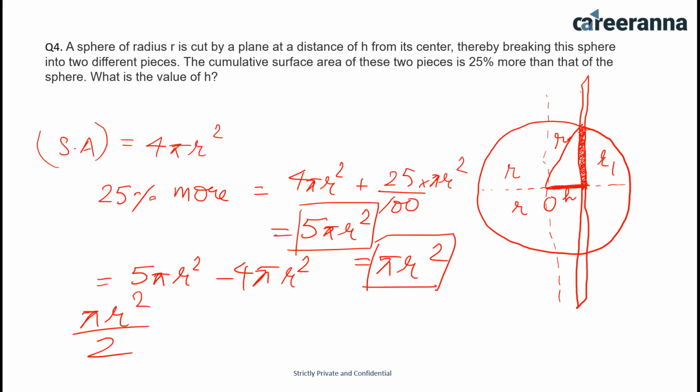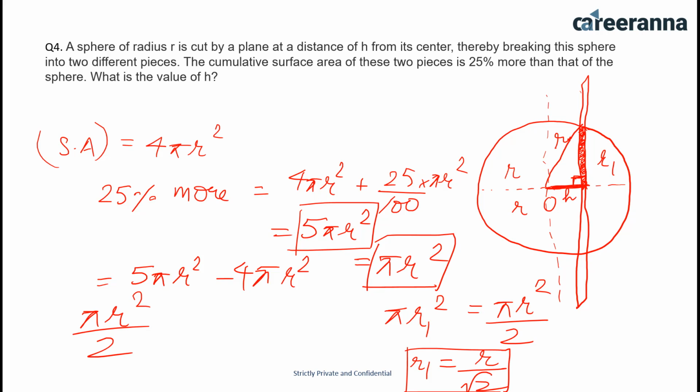Now the question is asking what is the value of h. If you closely observe, r1 is the radius of this circle, this is nothing but r, and h is the height. You can see that these three are forming a right angle triangle. Pi r1 square is nothing but pi r square by 2. This will become r1 is equal to r by root 2. Now according to the right angle triangle, r square is nothing but h square plus r1 square.